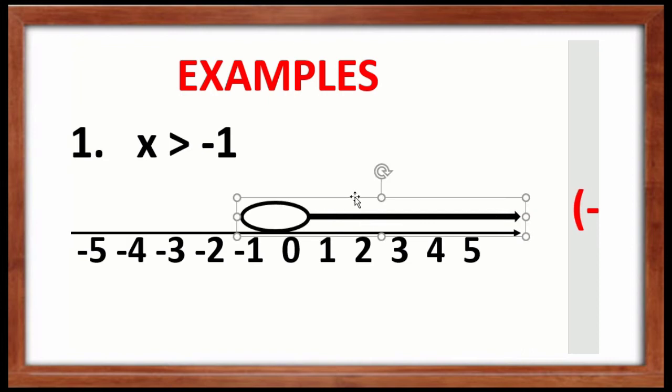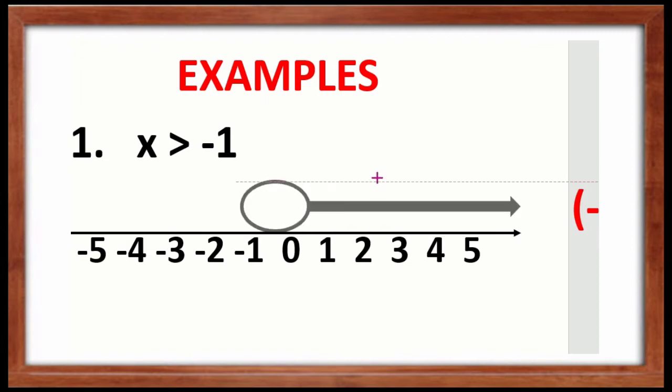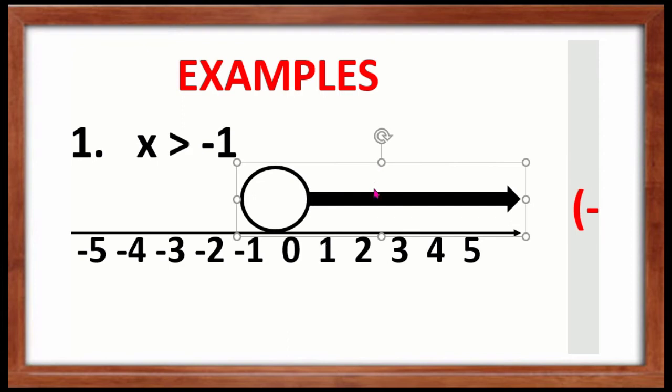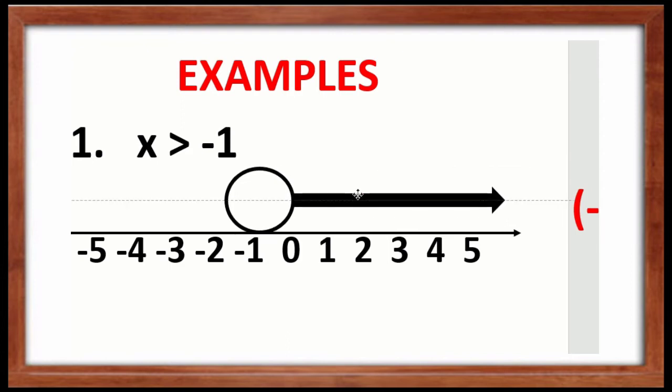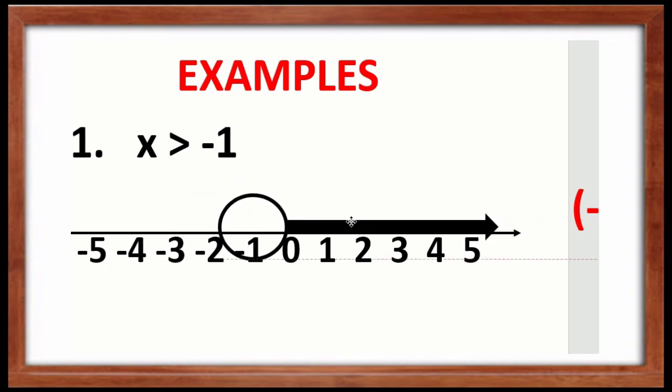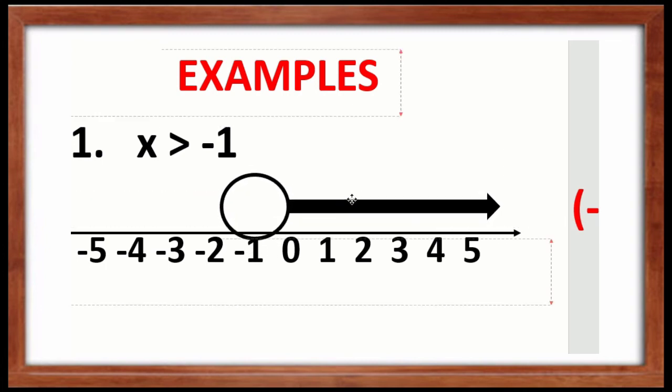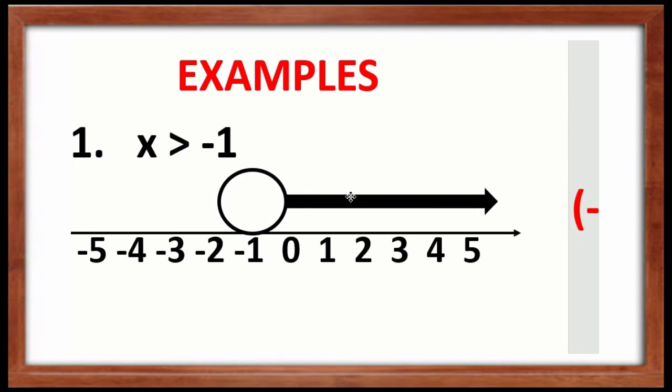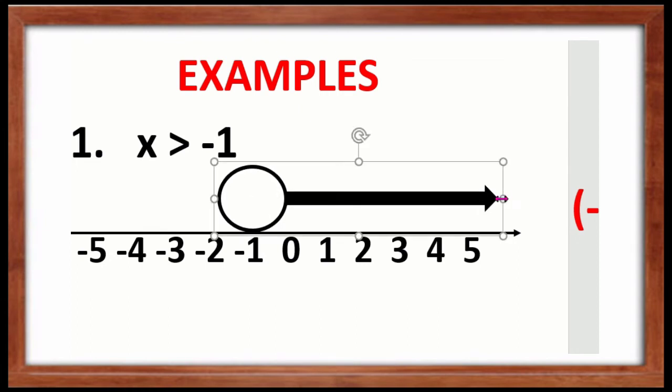From -1, we're going to adjust. It's okay if you're going to locate here at the center point. It's okay, and even like this. From -1, the arrow is going to the right.